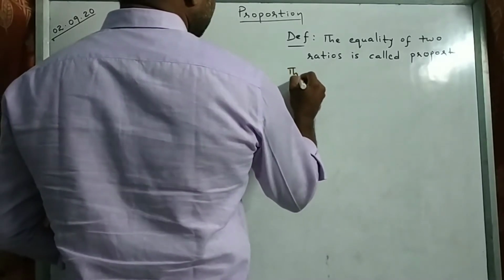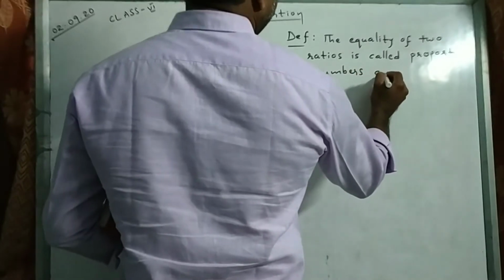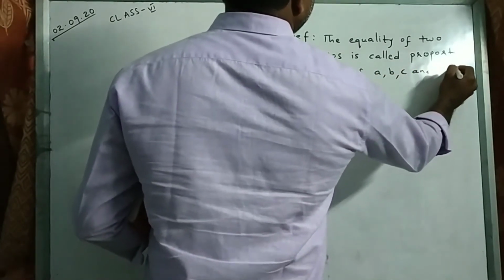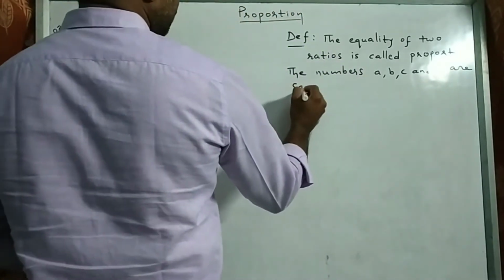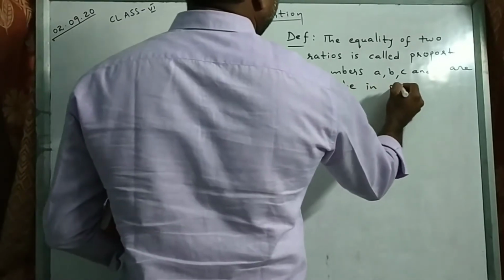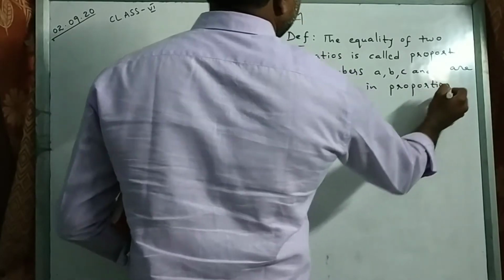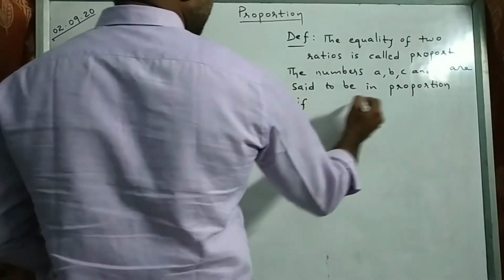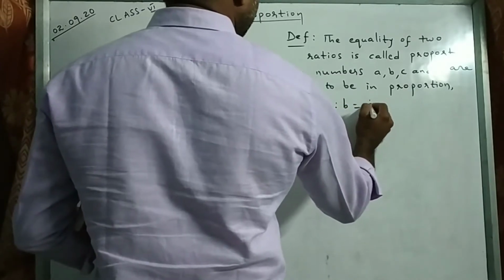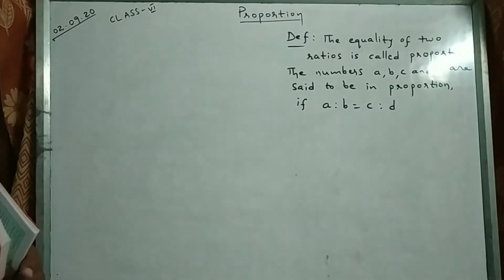The numbers A, B, C and D are said to be in proportion if A is to B is equal to C is to D. Understood?